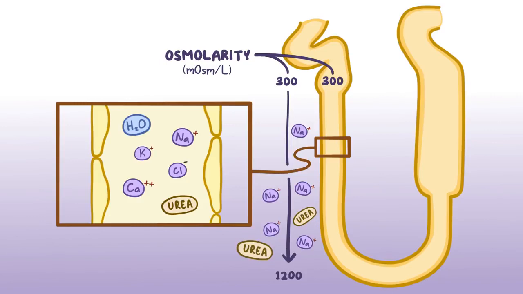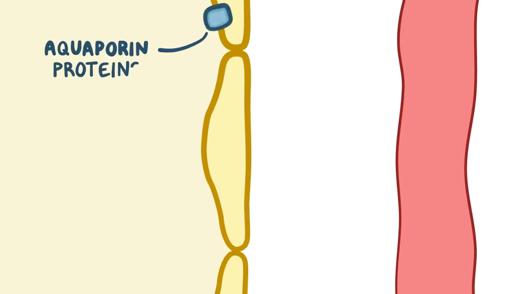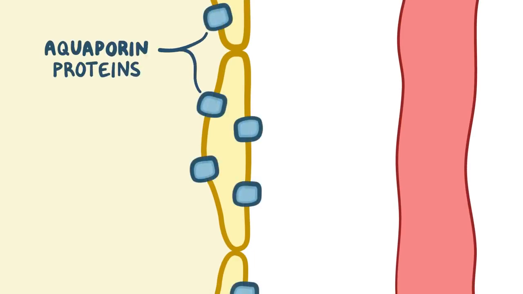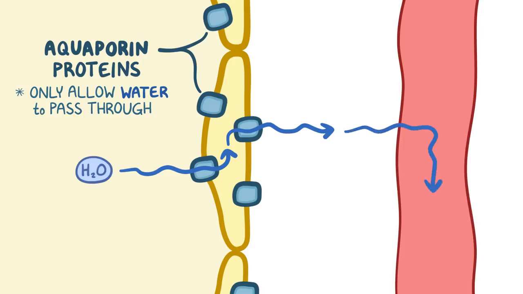Now, the squamous epithelial cells that line the thin descending loop have a lot of aquaporin proteins on the apical and basolateral sides. These aquaporin proteins are channels that only allow water to pass through. So in the thin descending limb, water diffuses from the lumen into the tubular cells and from the tubular cells into the interstitial fluid, where the water gets reabsorbed into the vasa rectas and then returned to the circulation.